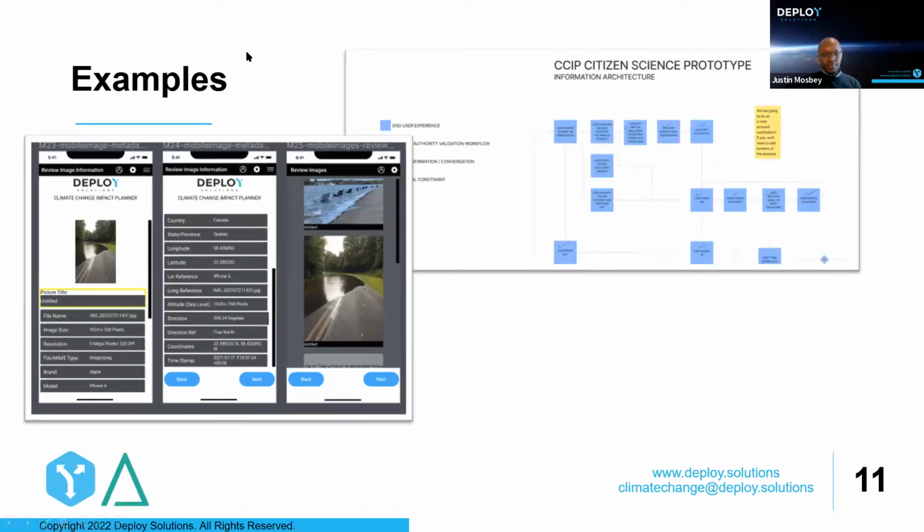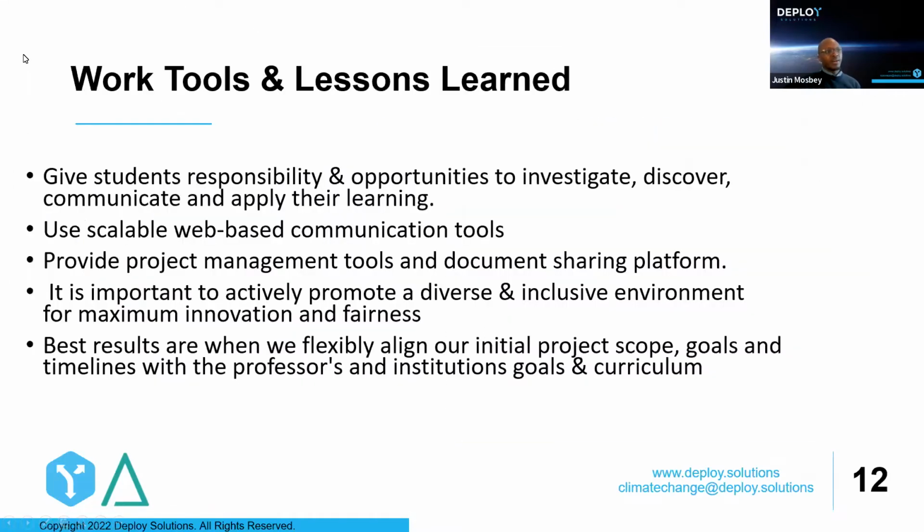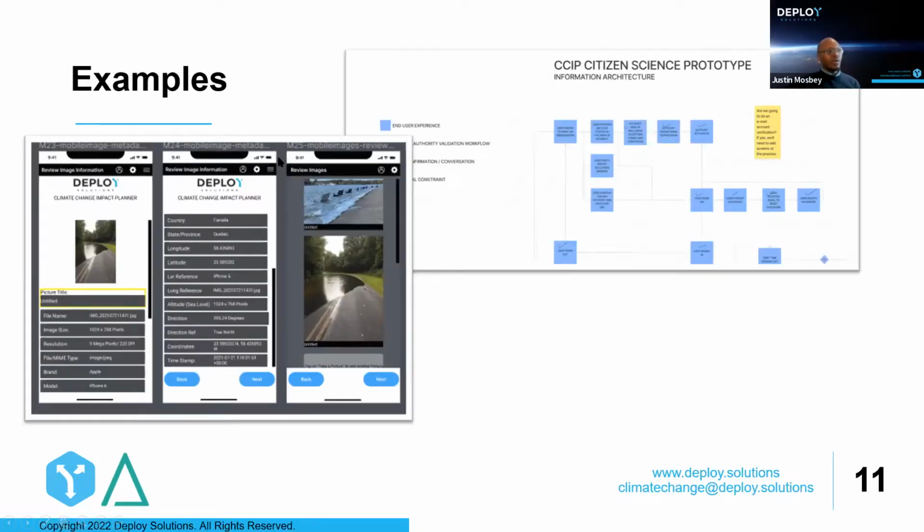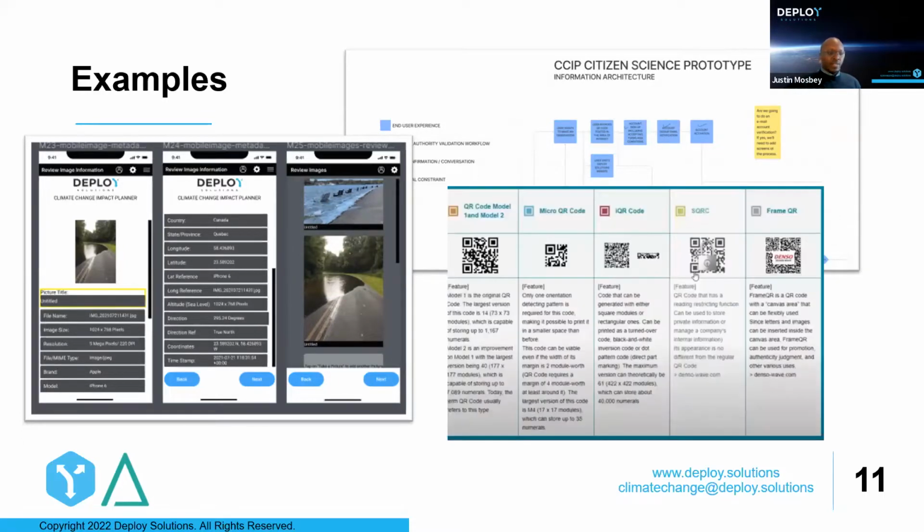Also, students brainstorm web design functionality in which citizen science can send observations to trusted authorities and receive feedback from them. The students came up with human-centered user experience, like some examples, as you can see, is having a QR code for flood-prone regions.